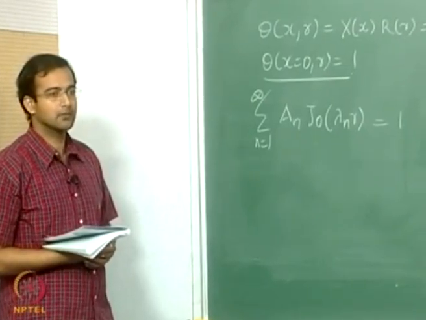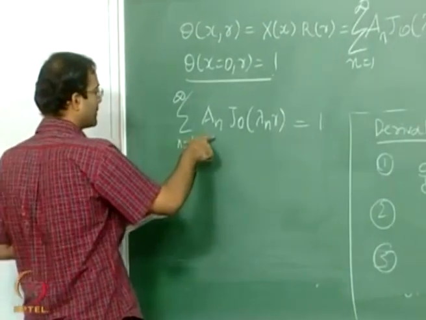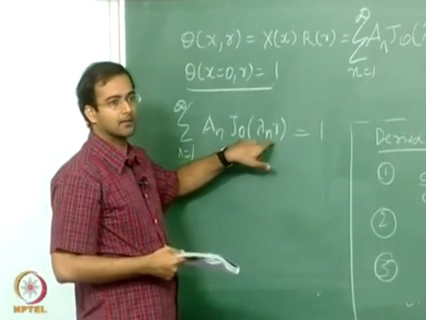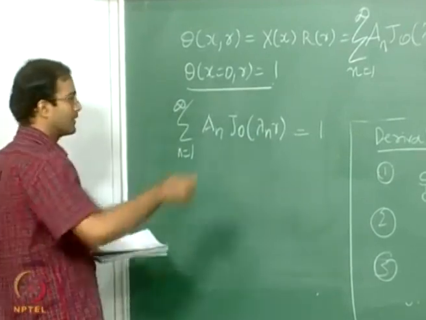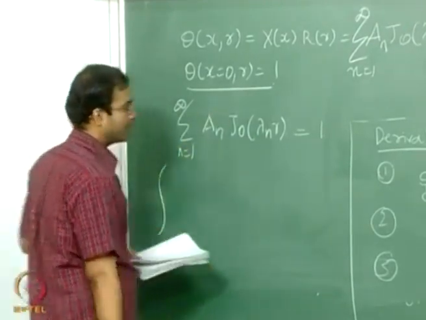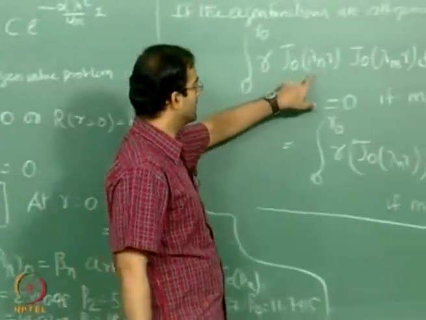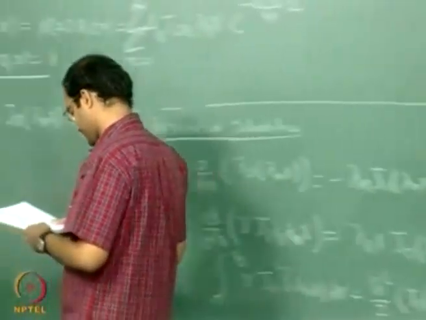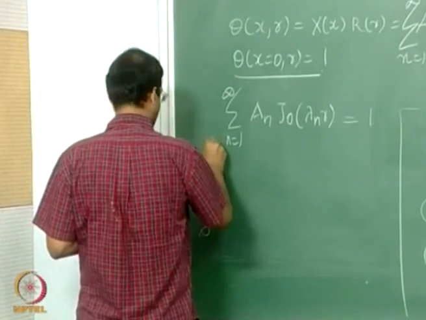So now we make use of the orthogonality principle. So what we will do is we will multiply both sides with j naught lambda m r, where m is different from n, and integrate them. So for the orthogonality condition in this case of Bessel function, you should be having r into j naught lambda m r. So we will multiply both sides with that. So we have 0 to r naught.